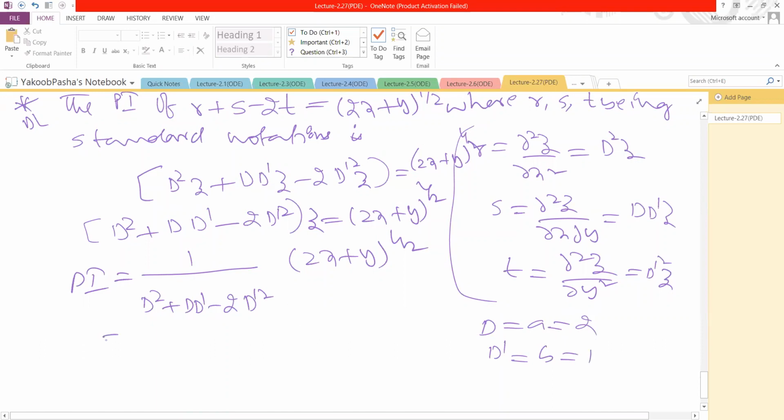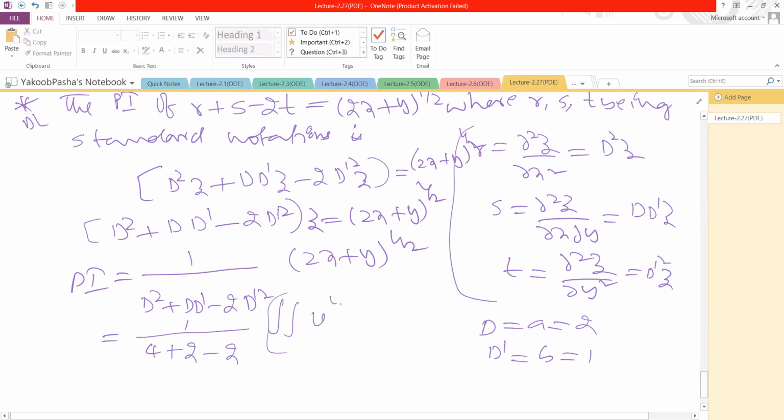While substituting D = a and D' = b here, we get 1 by first term 4 plus 2 into 2 into 1, that is 2, minus 2. Here it is a second degree polynomial in the denominator, so we need to integrate 2 times.